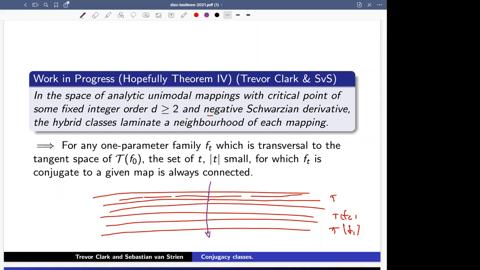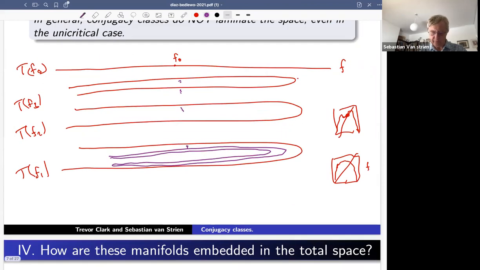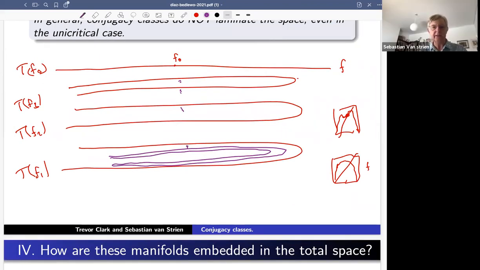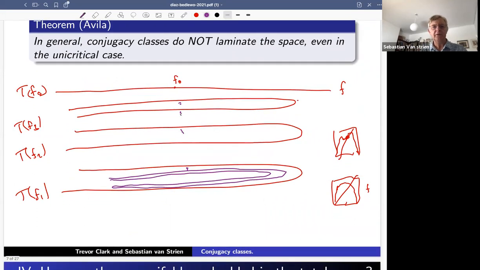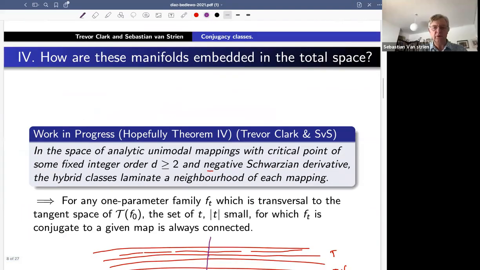And what is the difference between this and the previous negative result by Arthur? No, this is the opposite. I understand, but what is the difference in hypothesis? I suppose the conclusion is so different. Thank you for asking. Yes, so here the maps don't have negative Schwarzian, and that's somewhat surprising.